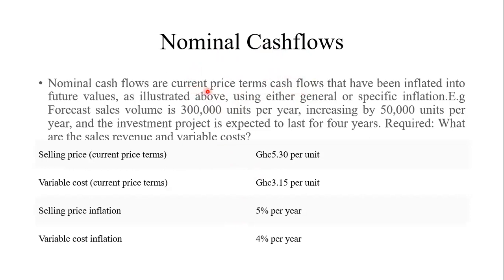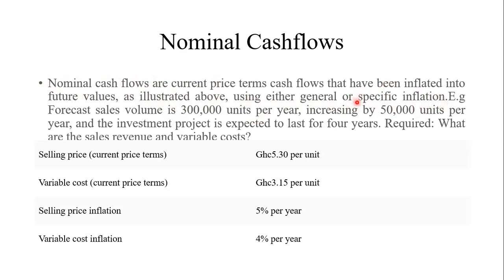So nominal cash flows are current price terms cash flows that have been inflated into future values. As we saw previously, for each of those cash flows, you're going to have their specific inflation figures that we use to inflate them, and then you arrive at what we call the nominal cash flows. That is the future cash flows, using either general or specific inflation.